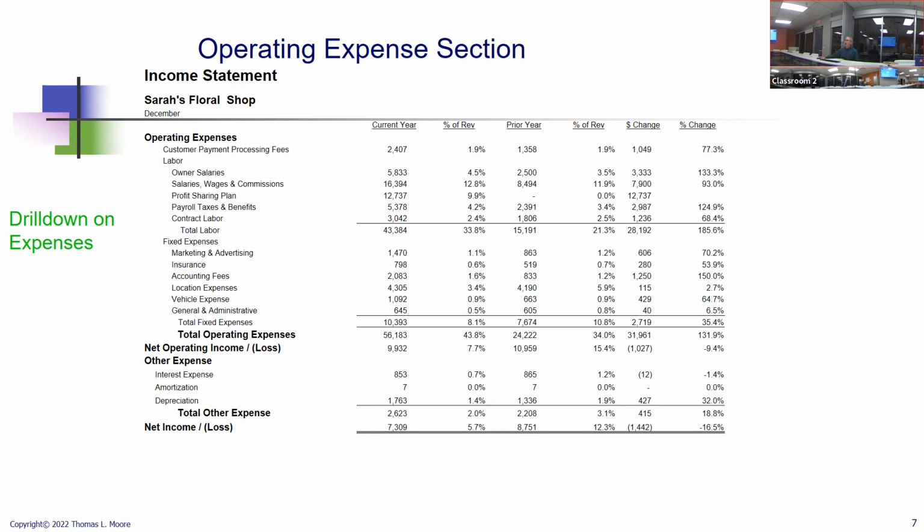So if this were automated, I should be able to go to that owner's salary, for example, and double click on that and drill down into that expense. If you are doing your own books and using something like QuickBooks, or if you have a bookkeeper doing something like QuickBooks, a lot of times that functionality and that ability is there. So you want to be able to understand what makes up those costs as you're reviewing these reports.